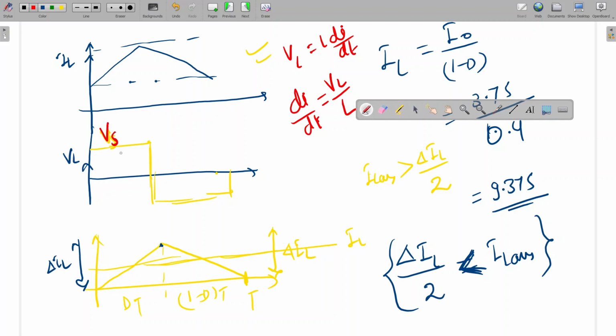VL is Vs. So what will be the slope? Di by dt means delta IL divided by dt. This is y2, this is y1, this is x2, this is x1. So we can write that delta IL divided by dt is equal to Vs by L.